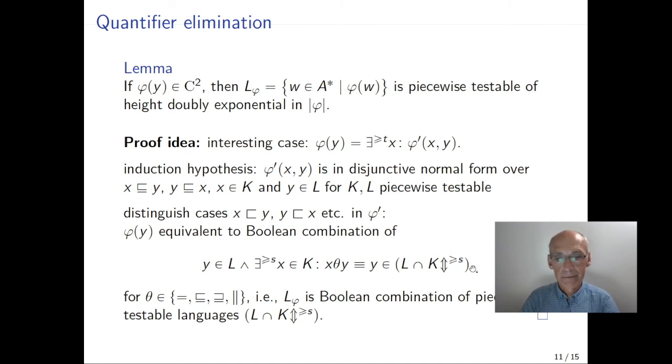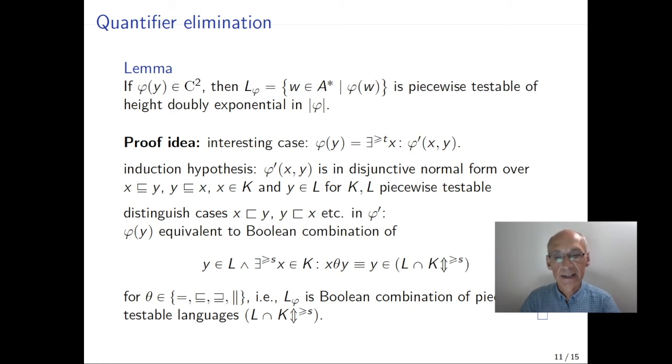And since by the previous theorem, this language is piecewise testable of bounded height, and piecewise testable languages of given height are closed under intersection, actually under Boolean combinations, the lemma holds.